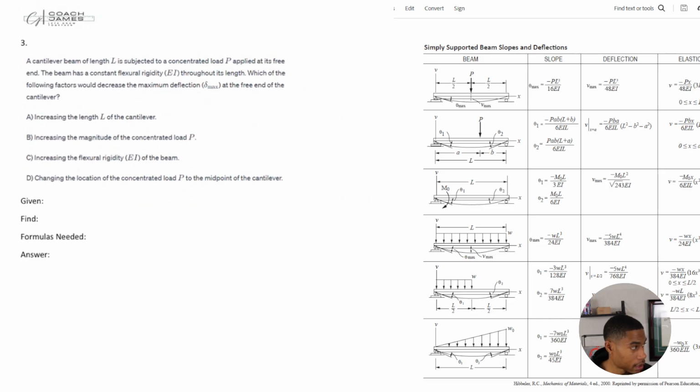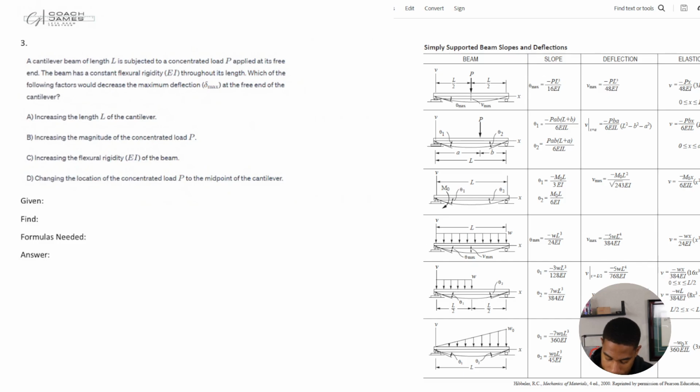All right. Let's look at number 3. This one says a cantilevered beam of length L is subjected to a concentrated load P applied at its free end. The beam has a constant EI throughout its length. Which of the following factors would decrease the maximum deflection, delta max, at the free end of the cantilever?